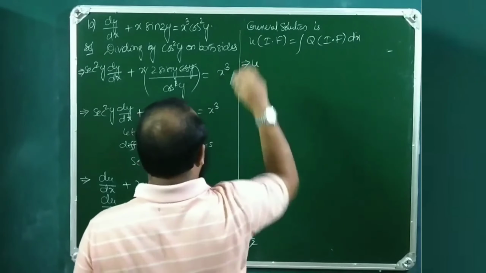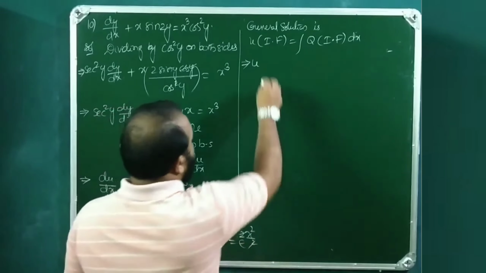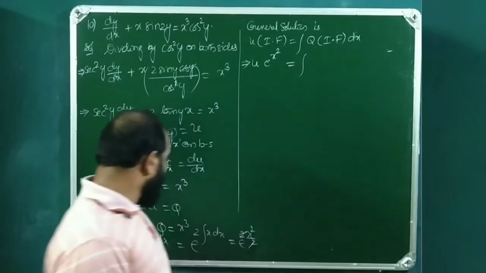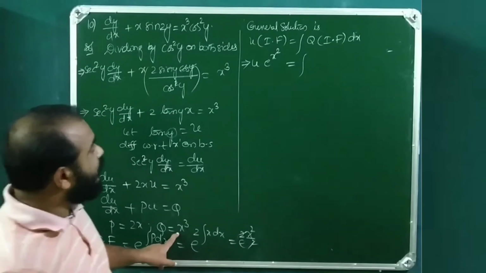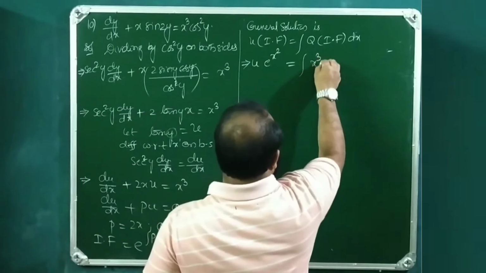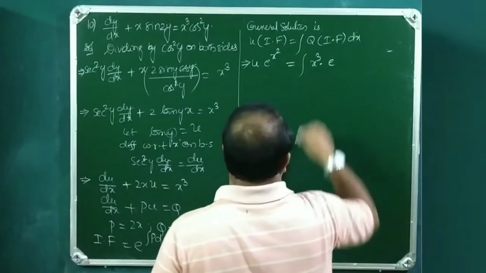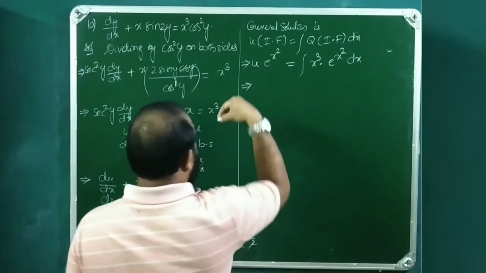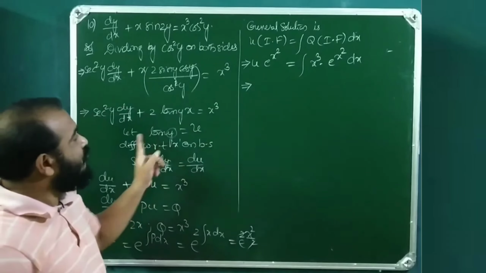So u into integrating factor, here e power x square, is equal to q which is x cube, into e power x square dx. So the value of u is tan y.